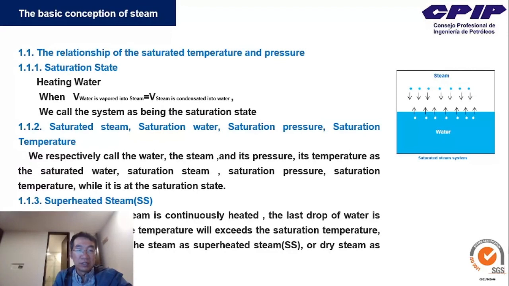Superheated steam: when the saturated steam is continuously heated, the last drop of water is turned into vapor, and the temperature well exceeds the saturation temperature. In this situation, we call the steam superheated steam, or dry steam as well.